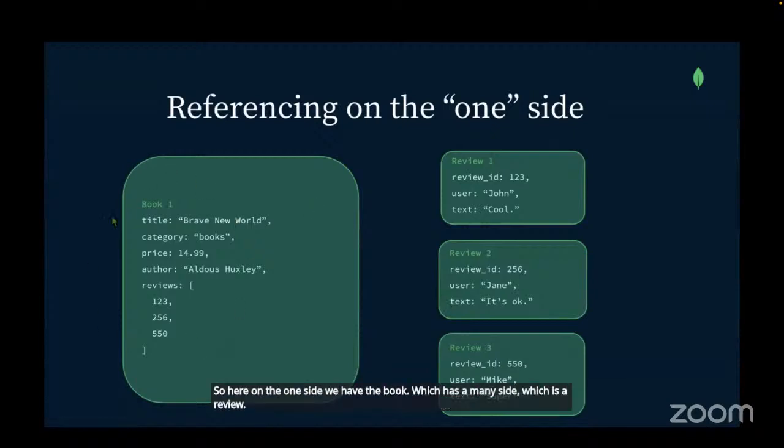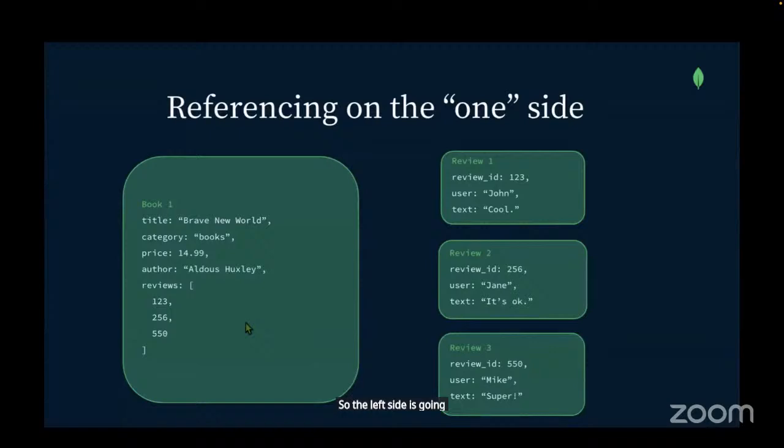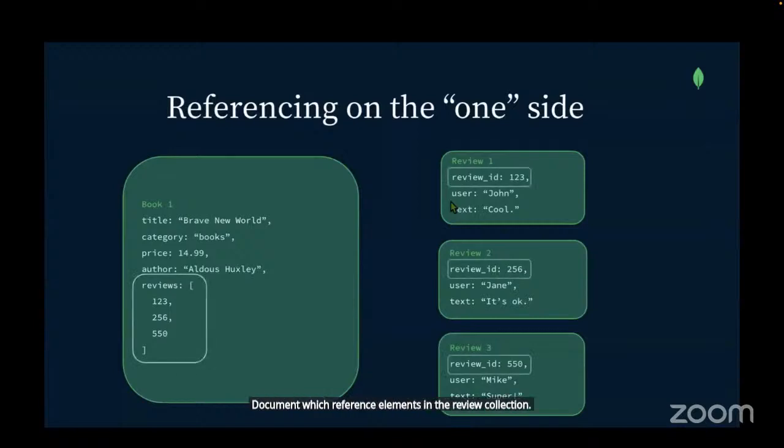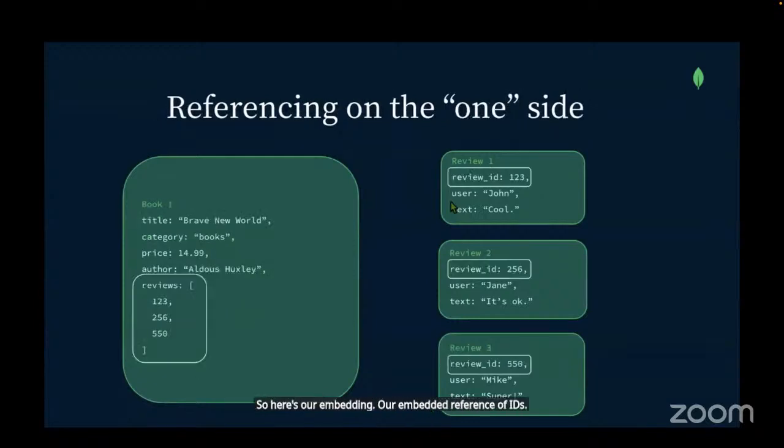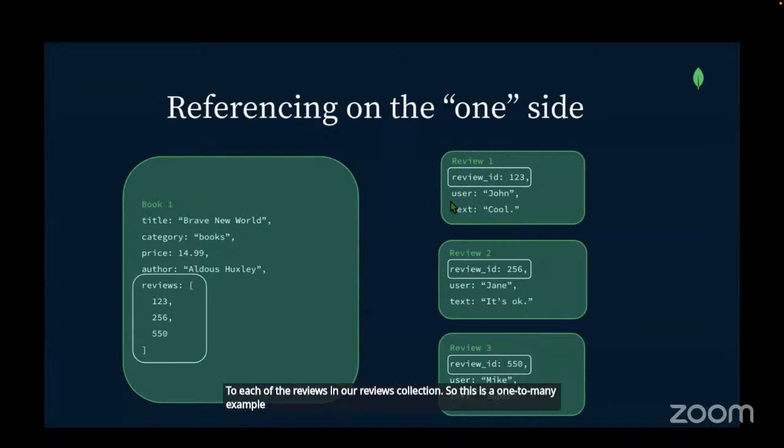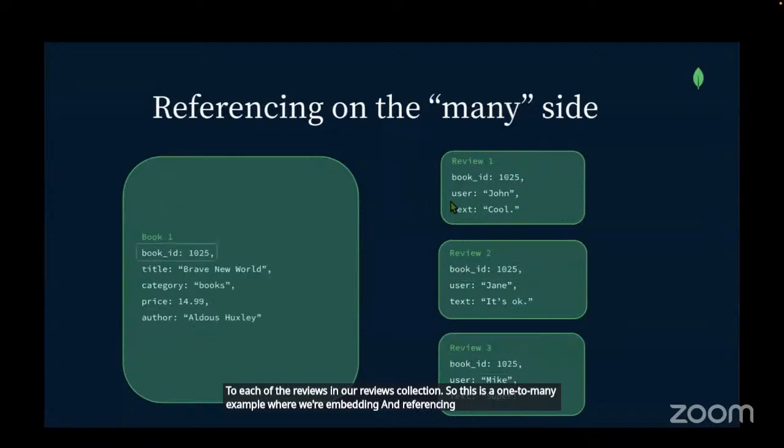So the left side is going to be a collection of books, and there's going to be a unique identifier of an array of reviews in the book document, which reference elements in the review collection. So here's our embedded reference of IDs to each of the reviews in our reviews collection. So this is a one-to-many example where we're embedding and referencing on the one side.